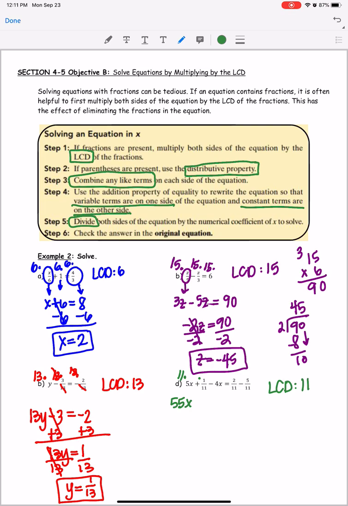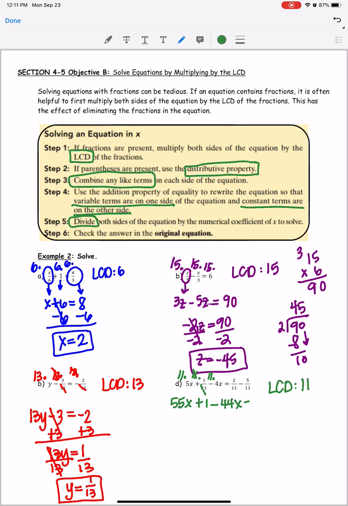1 over 11 times 11. Your 11s cancel, and you're just left with that plus 1. Times this by 11. 11 times negative 4 is a negative 44. Bring down your x. Equals.